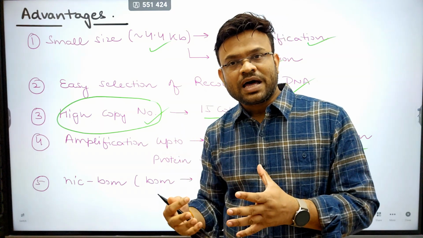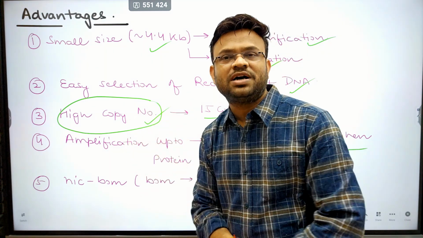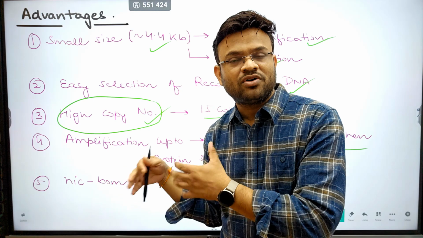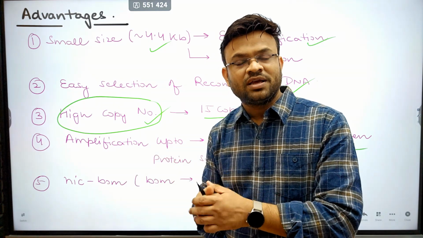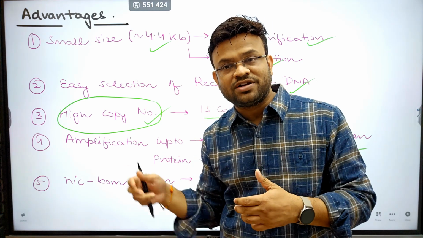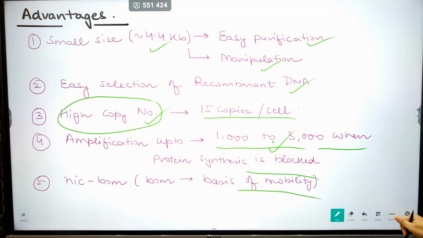So it will allow the mobility of plasmids like pBR322 also, which actually cannot show motility on their own. But if an F plus plasmid, something that is conjugative in nature, is present, these plasmids can also move. This is what is meant.